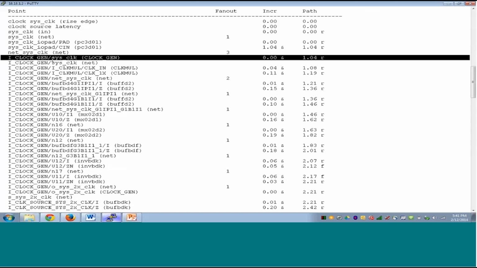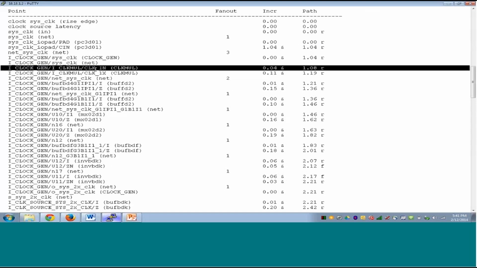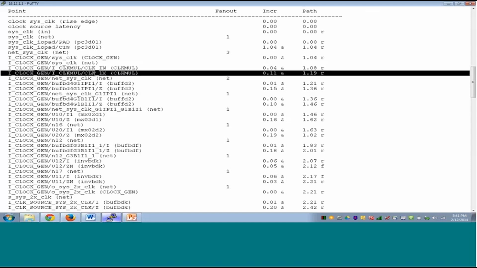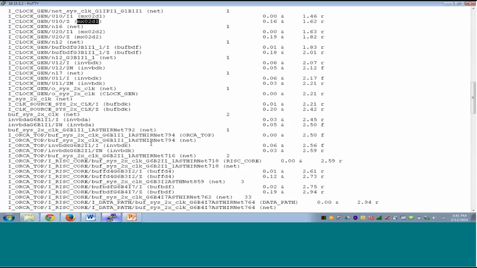It goes to some clock mux logic. There's a clock multiplier here, a clock multiplier 1x. Every time it is showing the reference also. This cell is of type buff D2. This cell is of type buff D2. This is a net. This cell is of type mux, and so on. It goes to something.